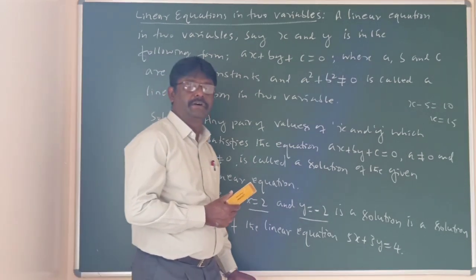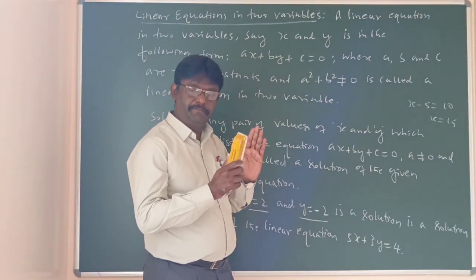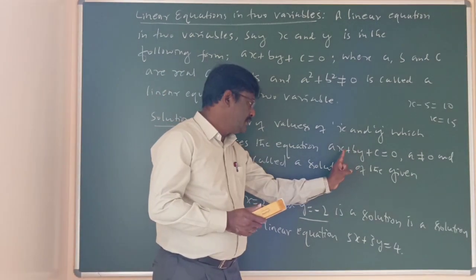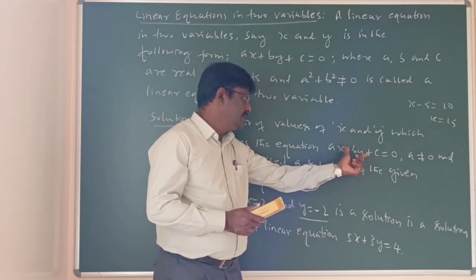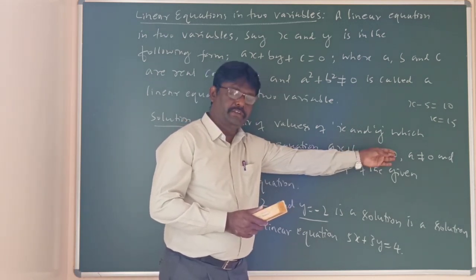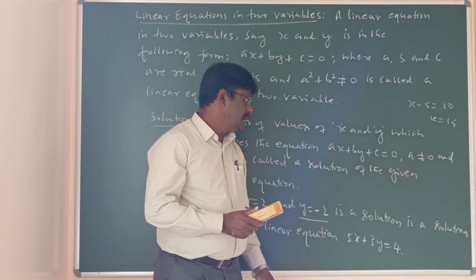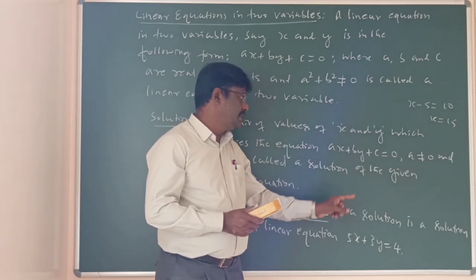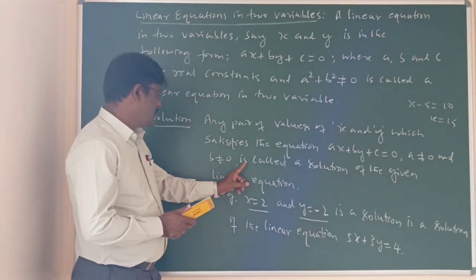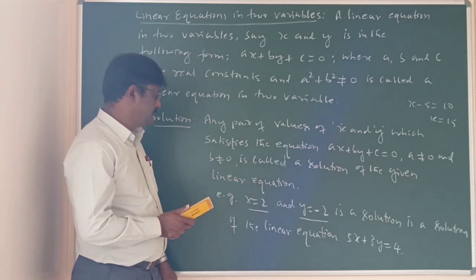Satisfies means if we substitute the values of x and y, then we get 0 on the right side, where a not equal to 0, b not equal to 0. That is called a solution of the given equation.